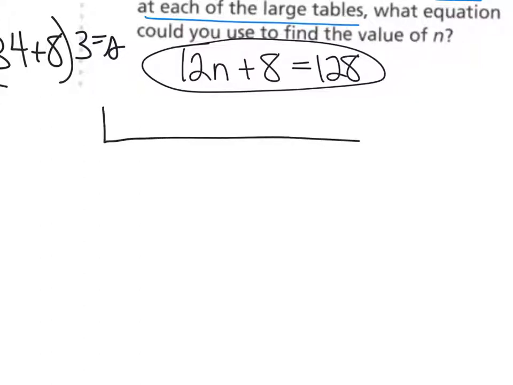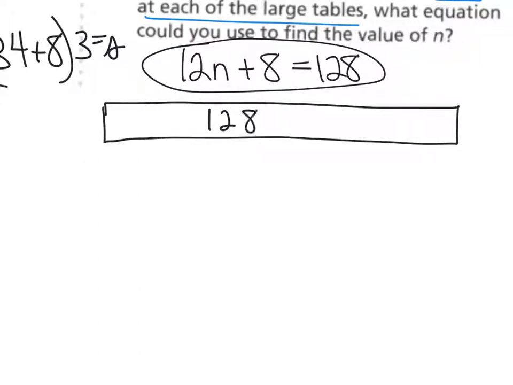And again, if it helps you, you can draw a bar diagram to visualize what's happening. We've got 128 people. 8 of those people are the wedding party, which would be like the bride and the groom, and then the other people in the front of church there, besides the priest.